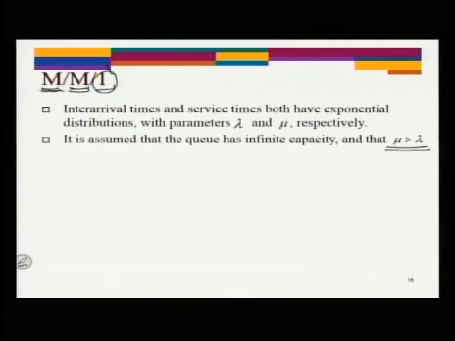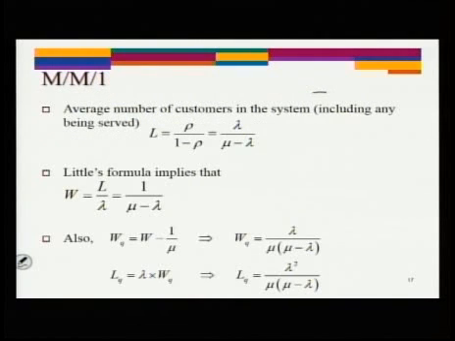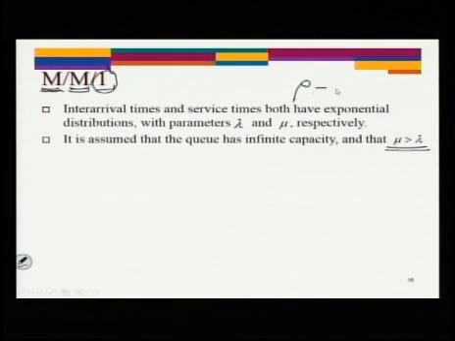So if we define rho equal to lambda over mu, then we can call this rho the traffic intensity of the queuing system.